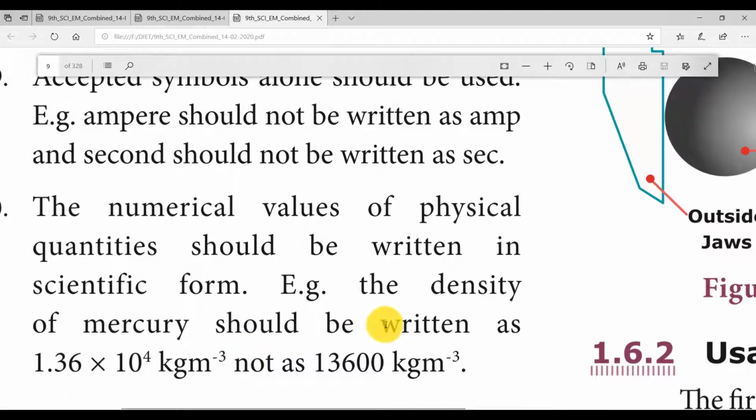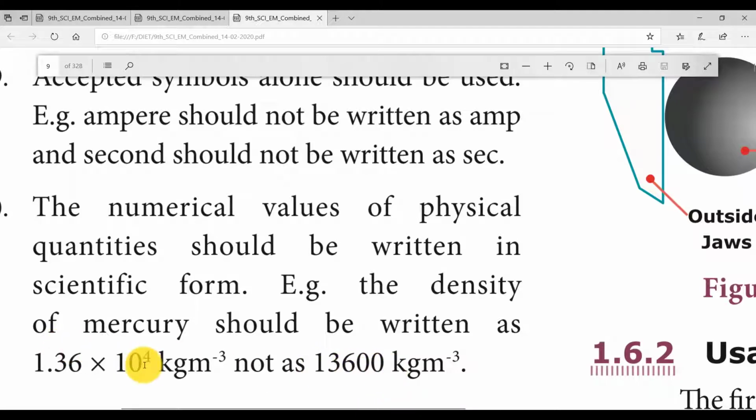Okay. The numerical value of a physical quantity should be written in scientific form. Example, the density of mercury should be written as 1.36 into 10 to the power 4 kilogram meter power minus 3, or kilogram per meter cube. You should not write it in the expanded form, like 13,600.